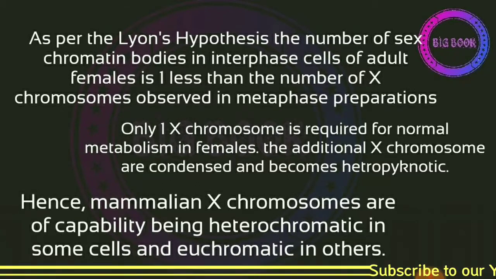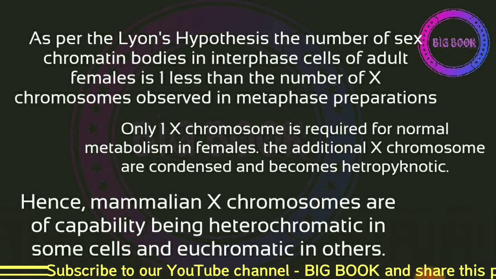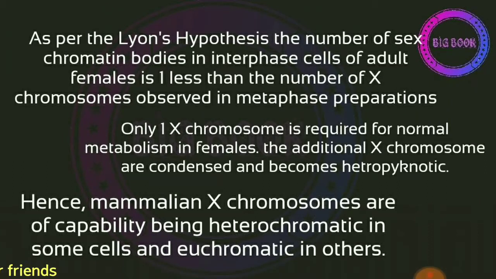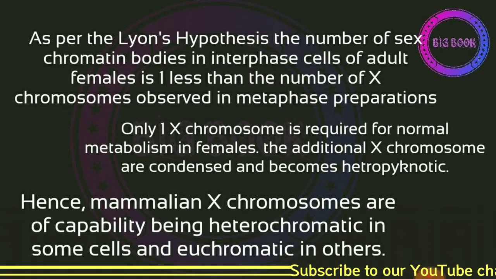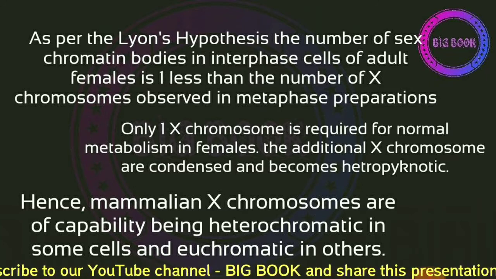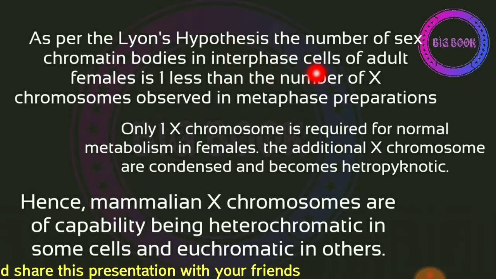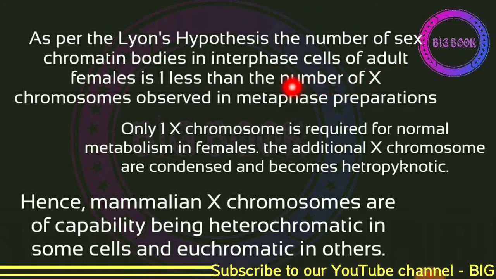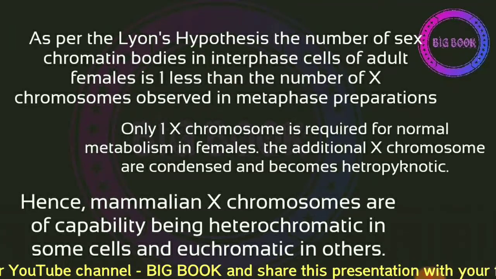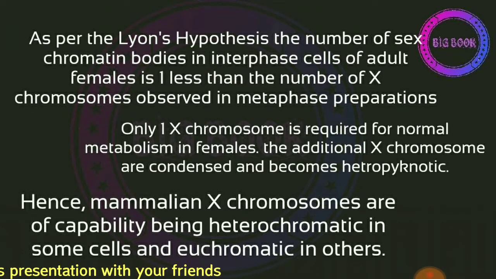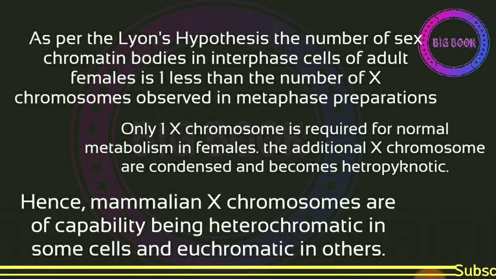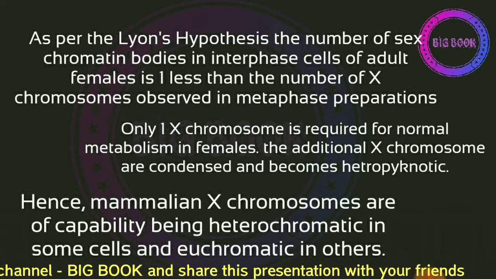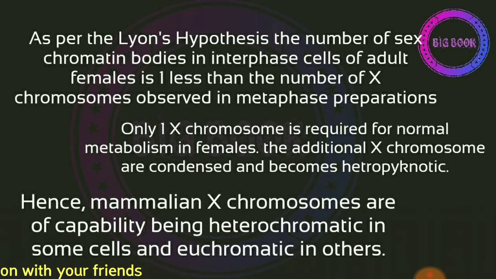This is what we observe in the interphase form of the cells, where one chromosome is going to remain inactive, that is, it is not going to appear as a normal sex chromosome or X chromosome. Whereas in the metaphase, both the X chromosomes are going to appear in the form of sister chromatids. So the explanation is like that.